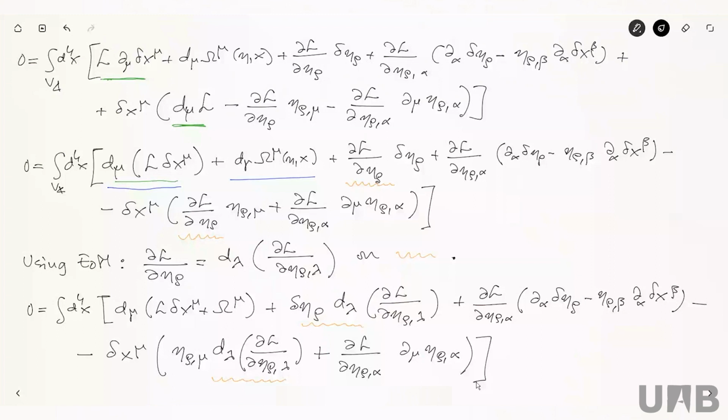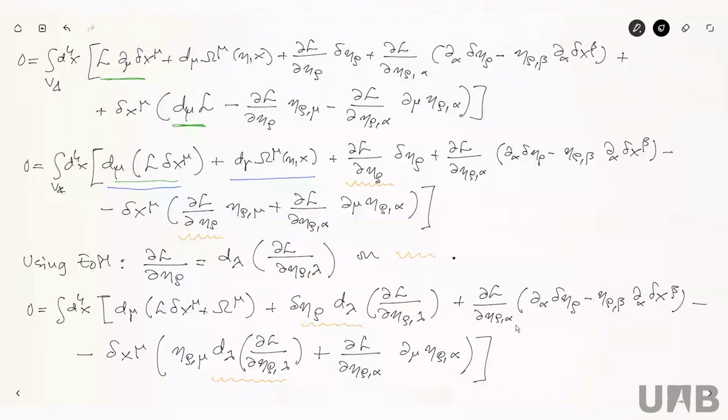No questions. Okay, so now I still have to group together several of these things. In order to be able to do that, I'm going to start changing the names of some of the indices that I'm using.